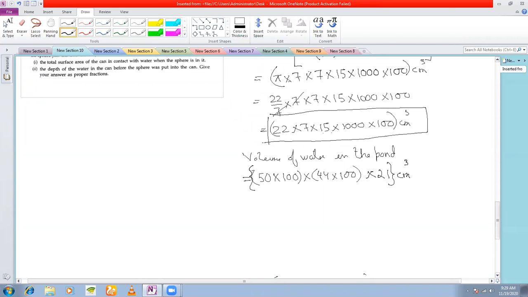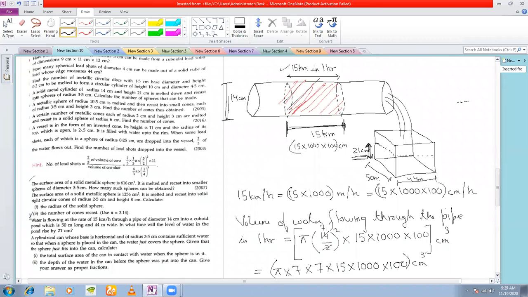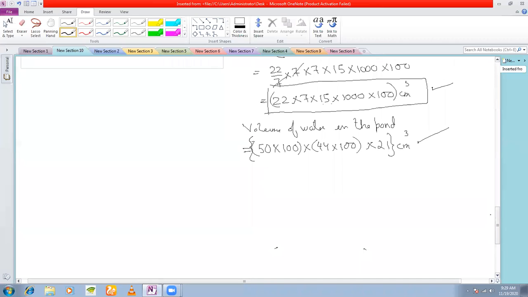The question is how much time will it take to reach a height of 21 centimeters in the pond? If this much volume of water is flowing in 1 hour, then how much time will this much volume of water take to flow? That will be our required time. So 22 by 7 into 15 into 1000 into 100 centimeter cube of water flows in 1 hour.